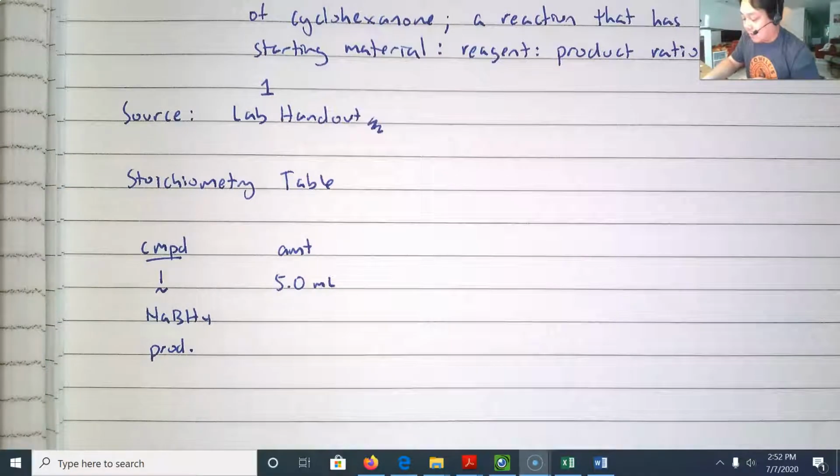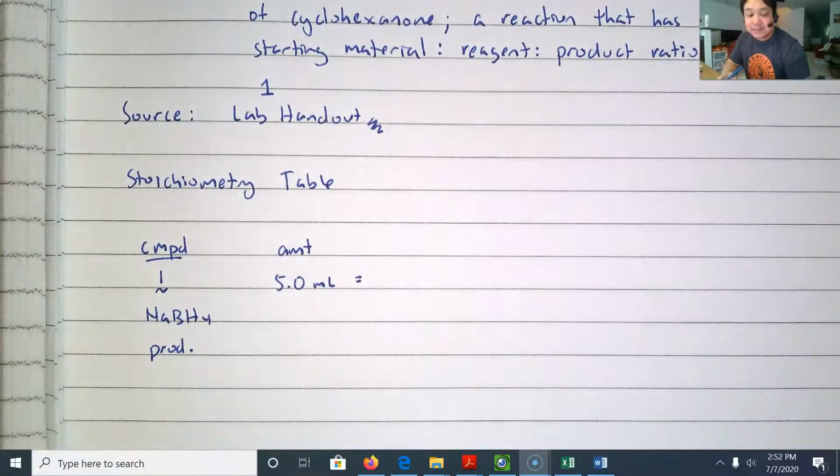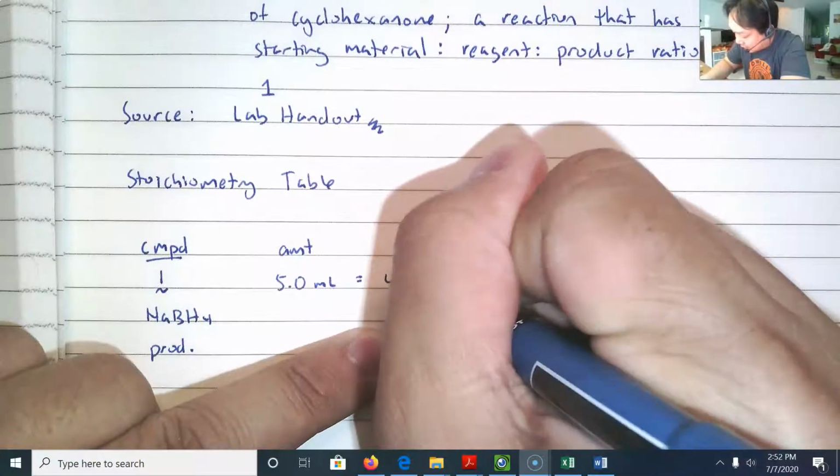Because that's what I want. I want the amount actually in grams, and the density is 0.95. So 5 times 0.95 grams per milliliter.